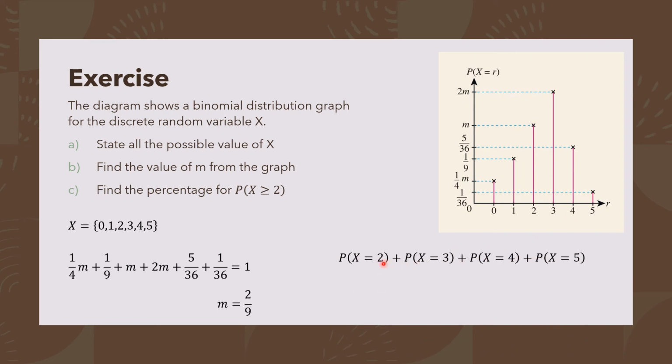We substitute the value of m, which is 2 over 9. If you calculate, you will get 5 over 6. Convert into percentage by multiplying with 100, so you will get 83.33%. Actually this one should be 2 over 9.